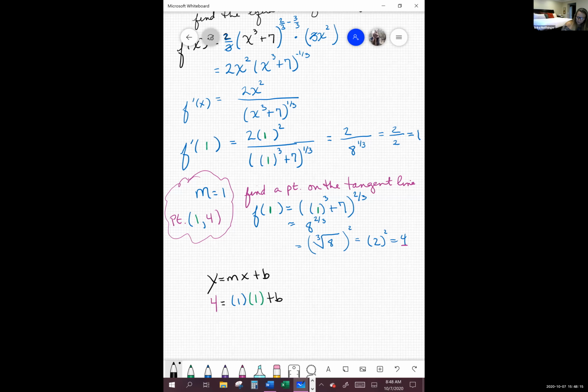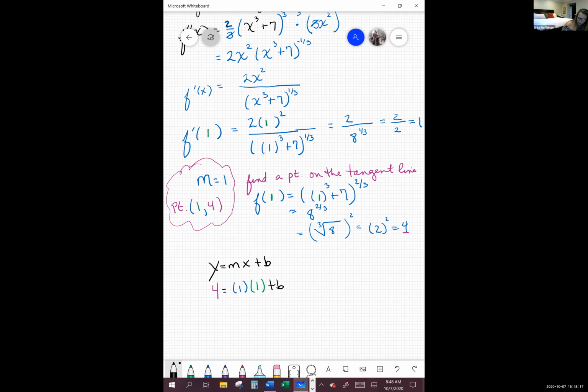So 4 equals 1 plus b. Subtract 1 on both sides, we get b is 3. So the equation of the tangent line on that curve at x equals 1 is y is equal to our slope, which is 1 times x, 1x or x, plus b, so plus 3.